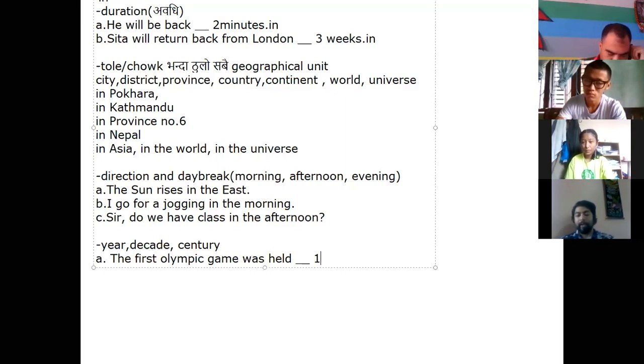Does any of you know? I don't know, I'm just giving an example, so please correct it. Suppose it's 1956. If 1956 comes, it is a year, so you write in. The first Olympic game was held in 1956.